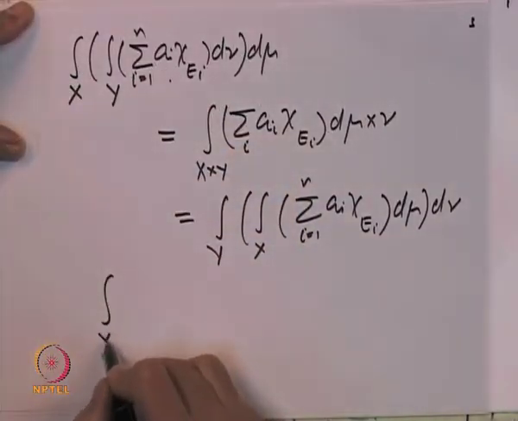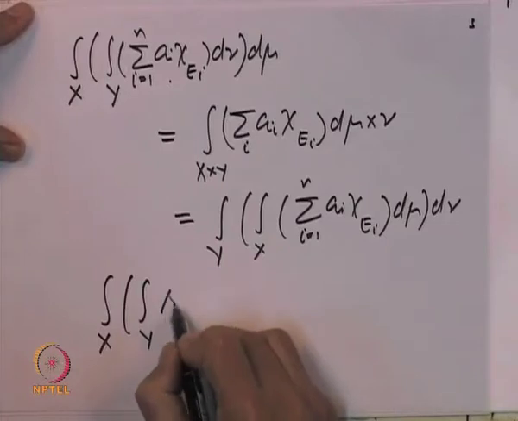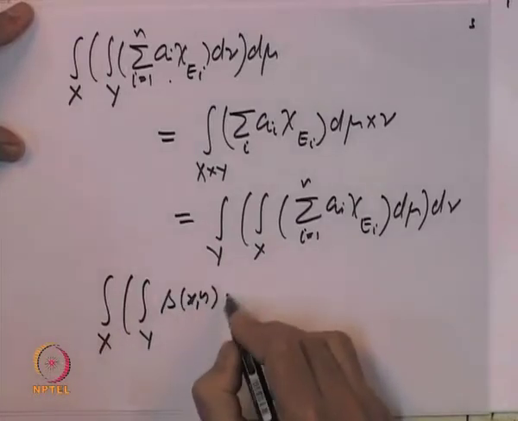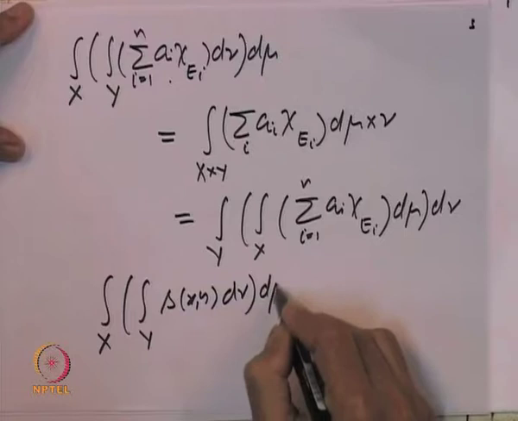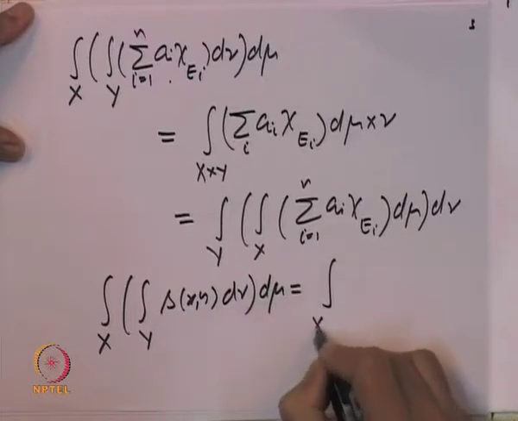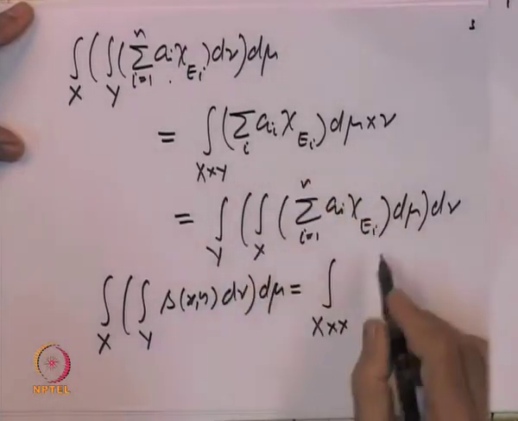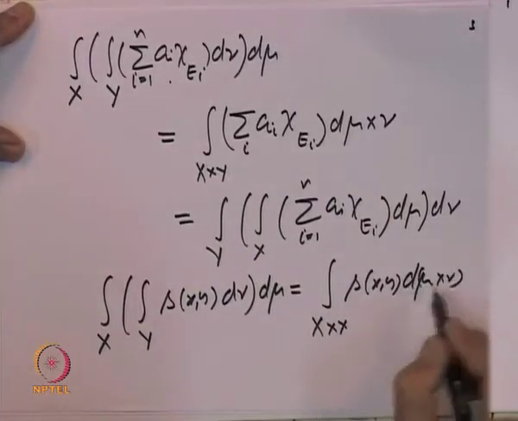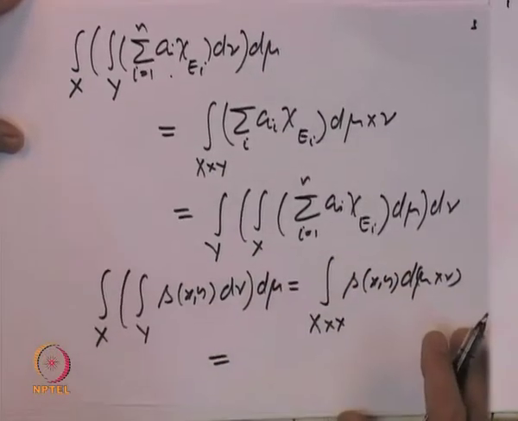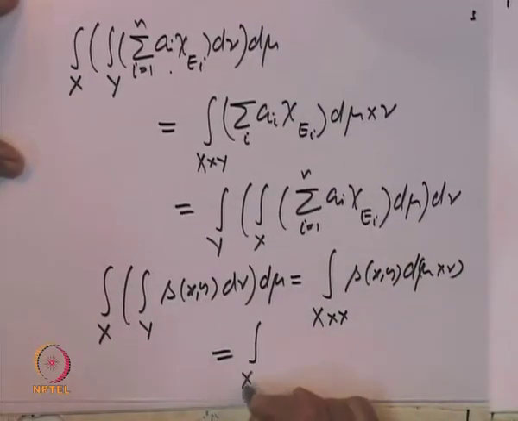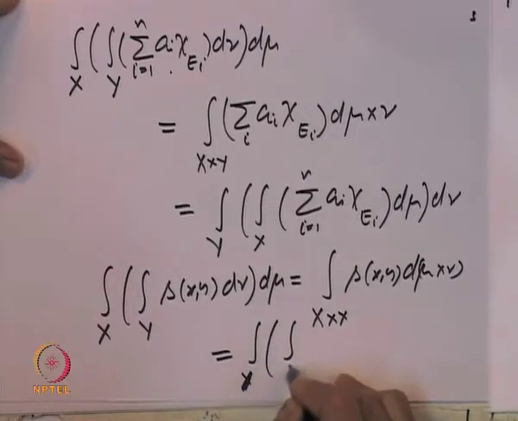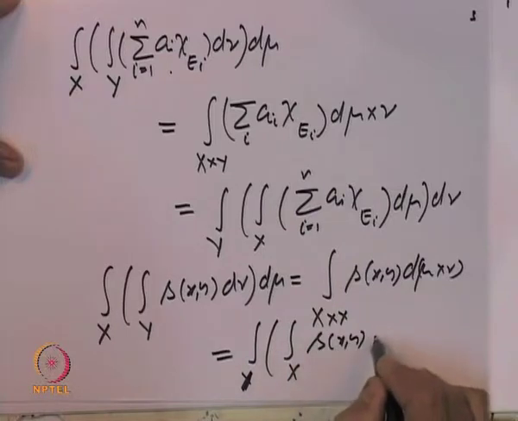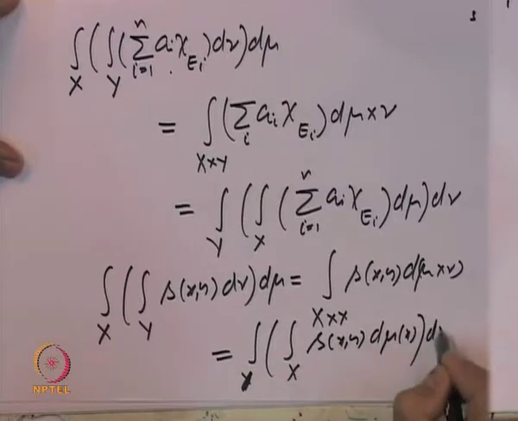So, this says the integral over X, integral over Y of S(x, y) d nu d mu is equal to the integral over the product space of S(x, y) d mu cross nu, and that is also equal to the other iterated integral, the integral over Y, integral over X of S(x, y) d mu(x) d nu.